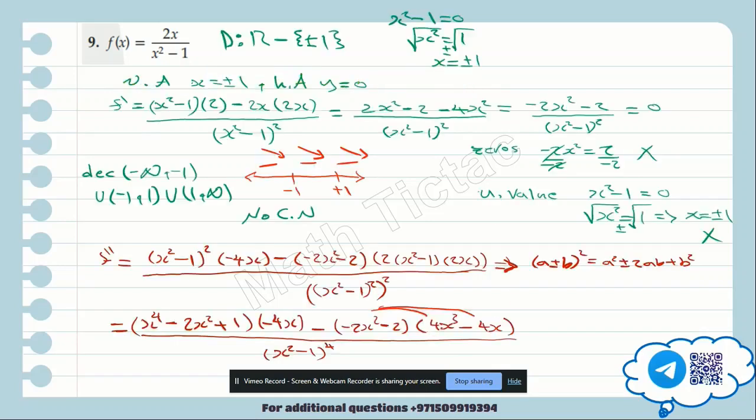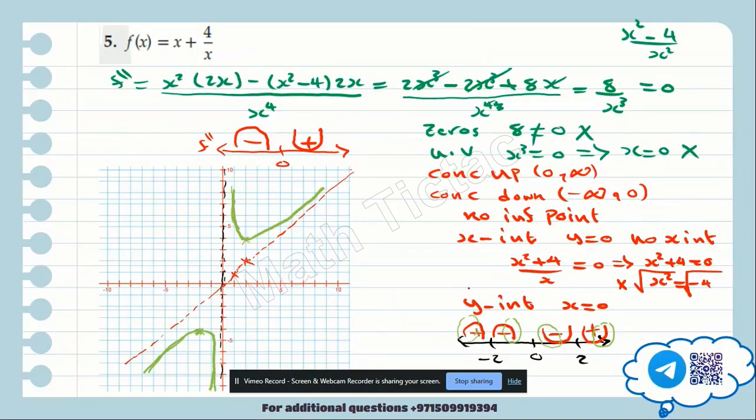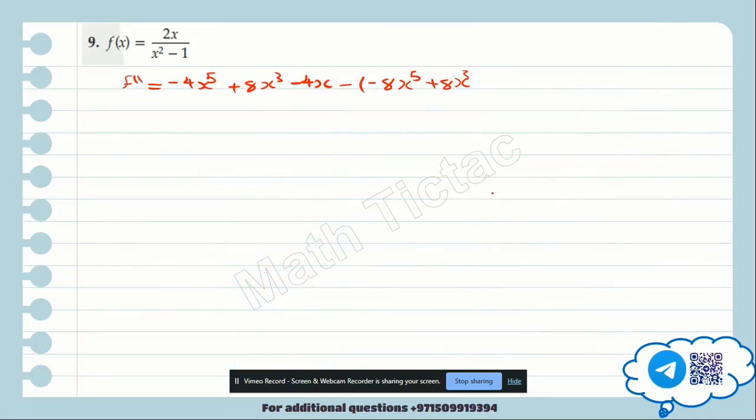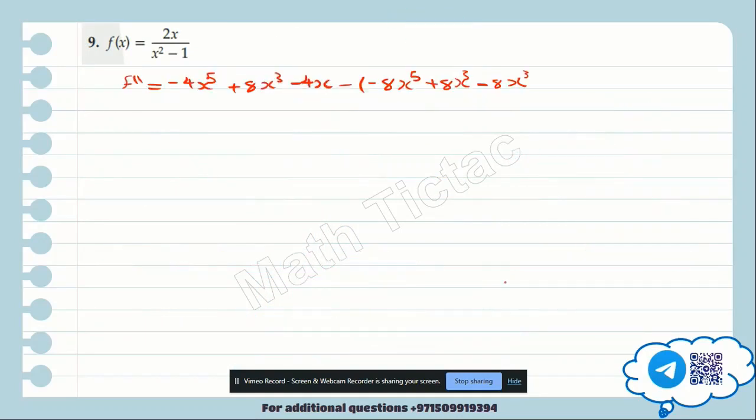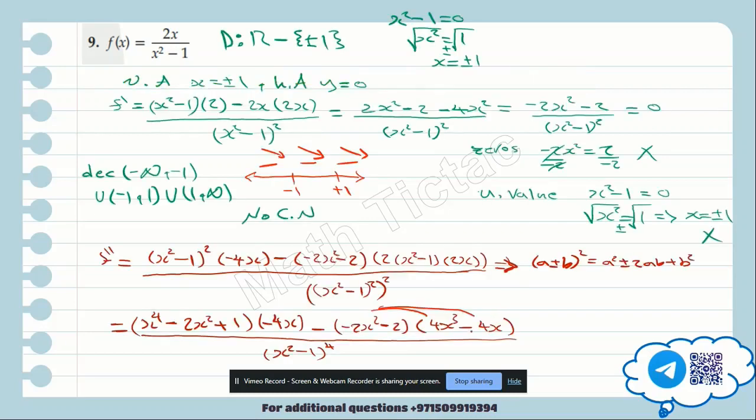Then we have minus 2 multiplied by 4x, which is equal to minus 8x cubed. Then we have minus 2 multiplied by minus 4x, which is equal to positive 8x. That's it.